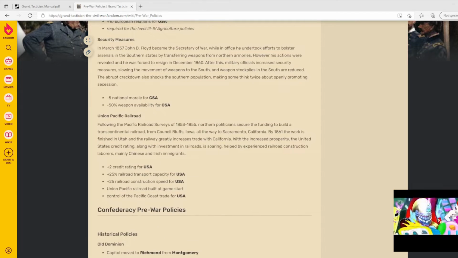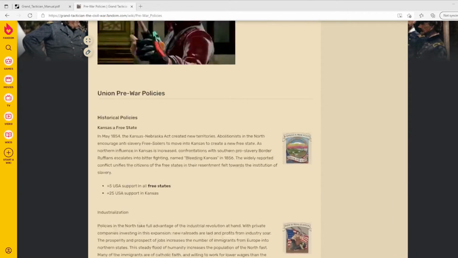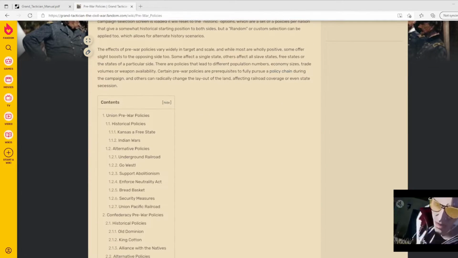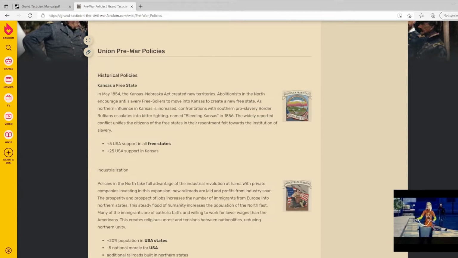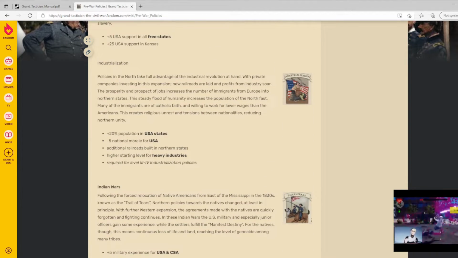All right, the first thing you can do, if you want to think a little bit more about the economy when you're getting your campaign underway, I am here on the Fandom wiki page for Grand Tactician, the Civil War. Just take a look at the policies. Some are better than others. There are a lot of good, a lot of bad.